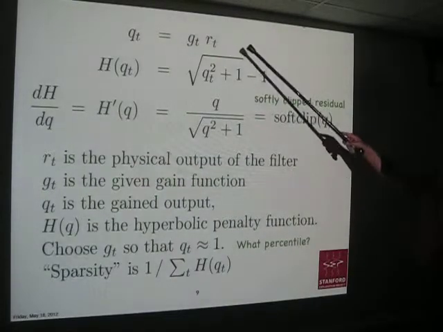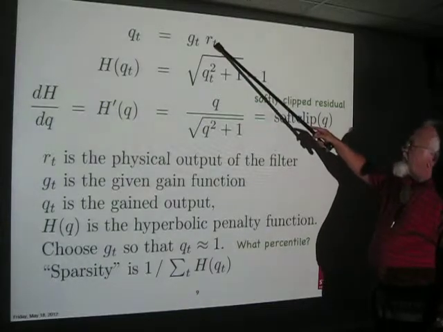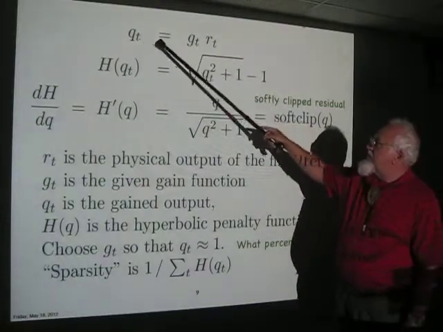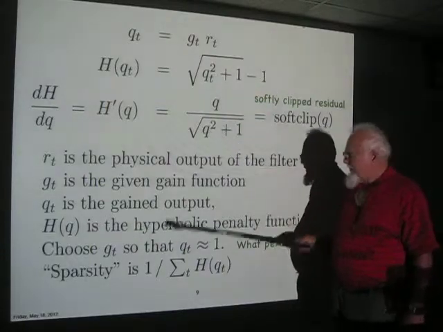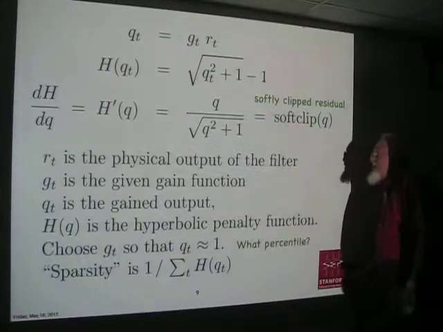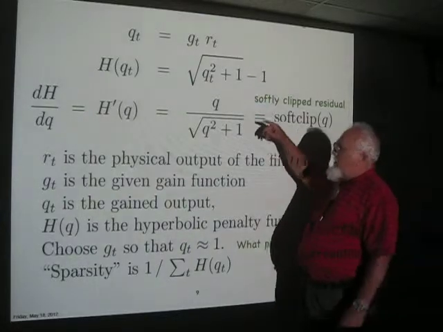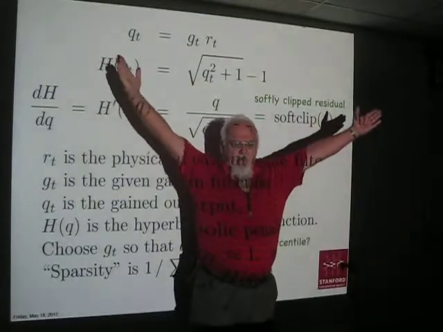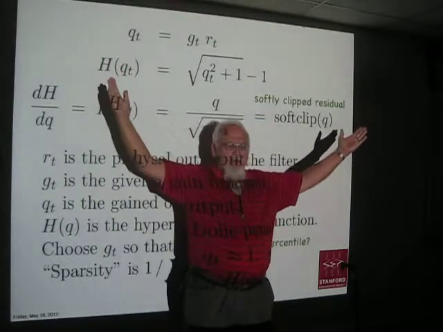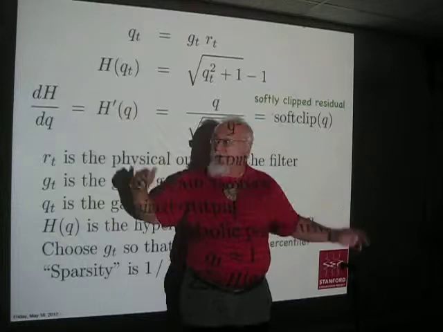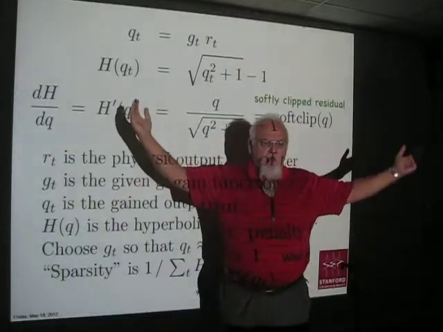So here we have our gain function, our physical residual, and our statistical residual, and this is the equation of a hyperbola. If I try to depict this graphically, a hyperbola has straight line asymptotes, so that's the absolute value function. If I flex my elbows a bit, I get parabolic curvature near the bottom.